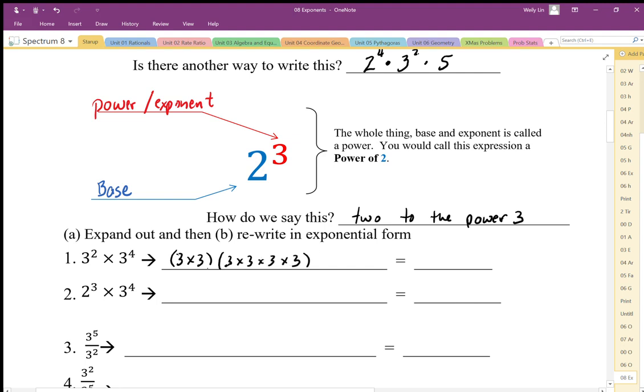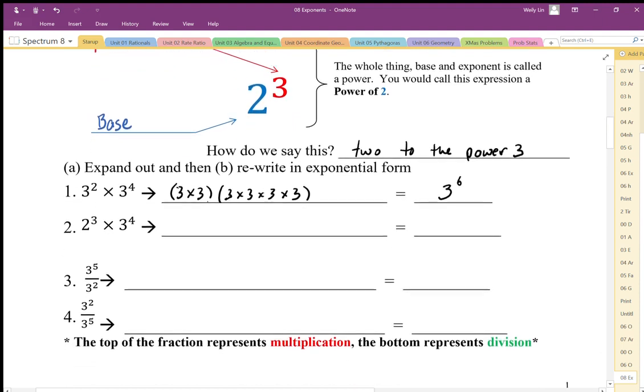Okay, and then since everything is just connected by multiplication, I'm counting repeated multiplication. So I can just rewrite it as an exponent. I use the multiplier 3. I can count them up: 1, 2, 3, 4, 5, 6 times. So I write it as 3 to the power 6.